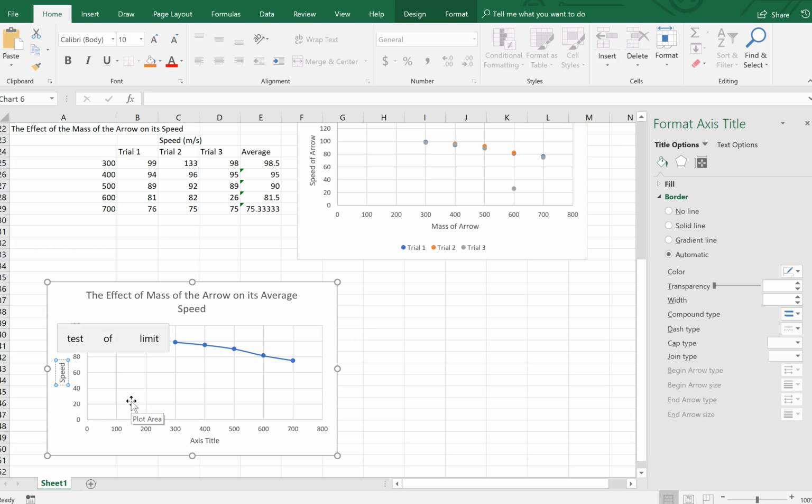Not just the name of the quantity I'm measuring, but also the units themselves. What's the unit for speed that we're using here? Anyone know? Meters per second. That would be a really fast arrow if it was miles per second. That arrow would be super fast.